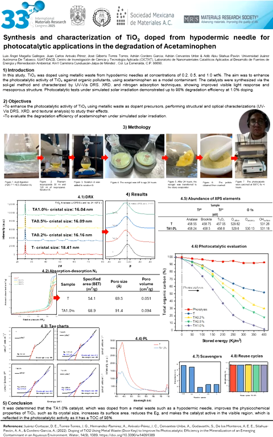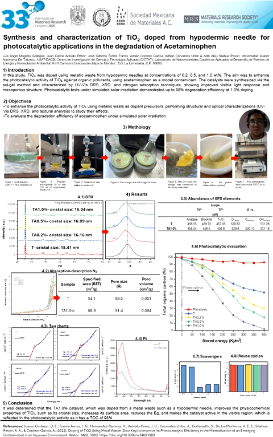Section 4.6, Ta1% catalyst has the best degradation versus photolysis and non-doped TiO₂. This means doping from needles improves the photocatalytic activity, leading to better light absorption and charge separation.